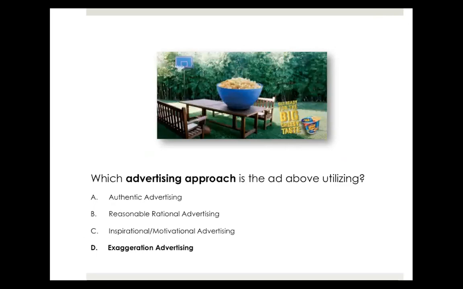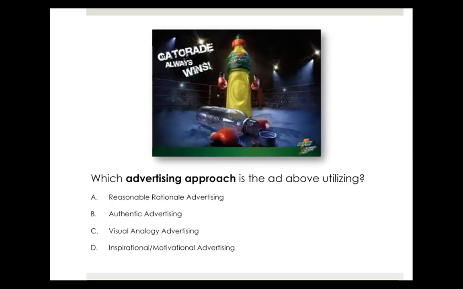If you said D, you are right. They're exaggerating the actual bowl for that big cheesy taste theme to go with it. So it's an image and type unified approach. So, exaggeration. What about this Gatorade ad here? Which advertisement approach is the ad above utilizing? Reasonable, rational, authentic, visual analogy, or inspirational, motivational?